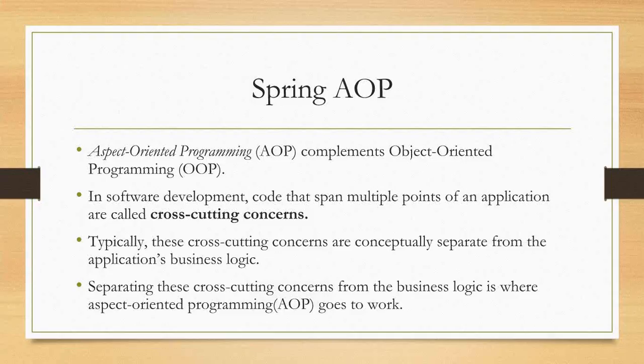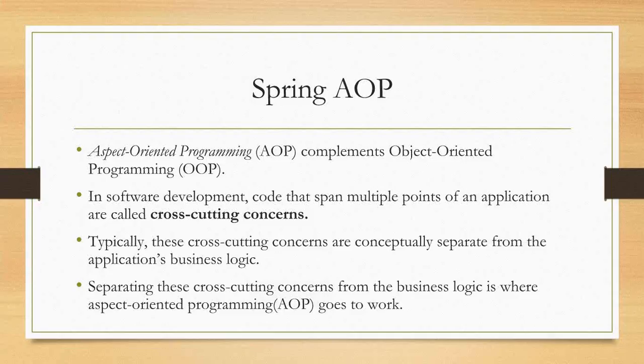Now if you have to make any changes to this logging code or transaction management code, you have to go to that code wherever you have it. It is spread across the application, right? So now you have to go to each and every place where we have this code and modify it.